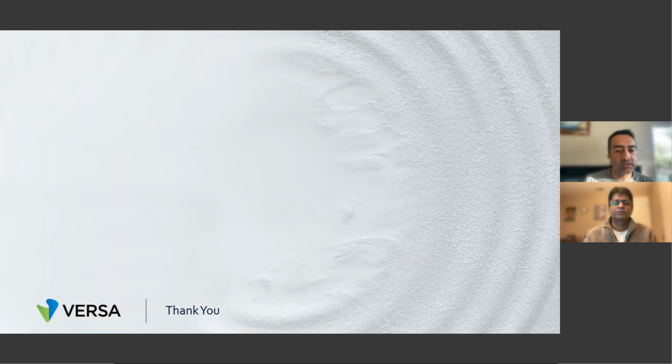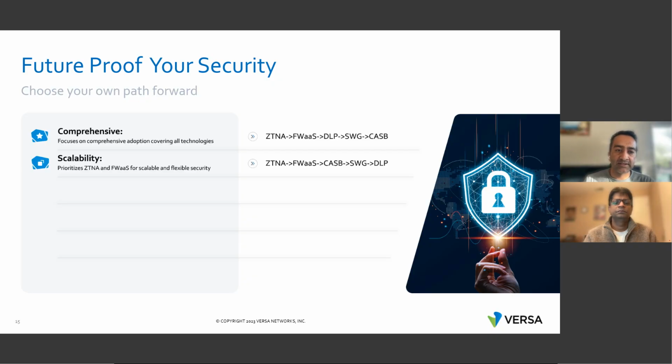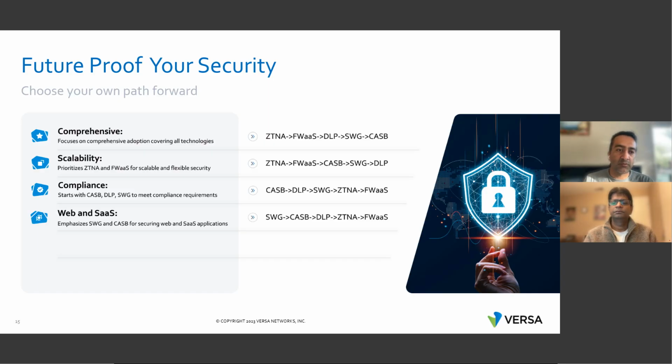In addition to ZTNA, there are situations where ZTNA may not be the priority for you now, but what you're looking at is first doing compliance based on all the public applications you are using, and that might be a CASB starting point.